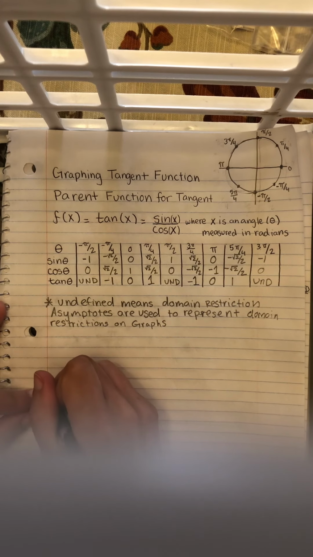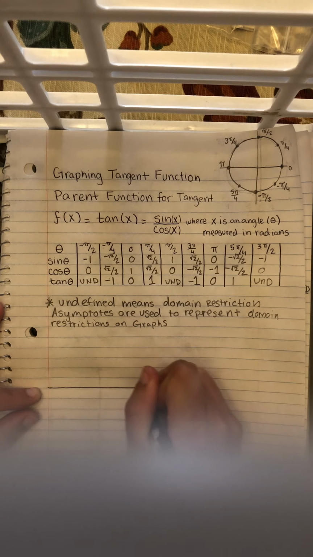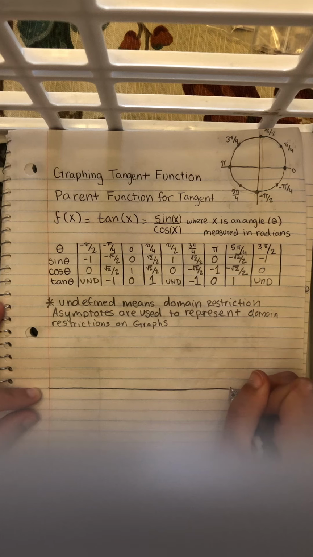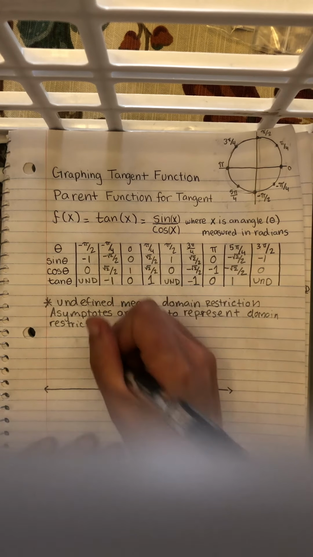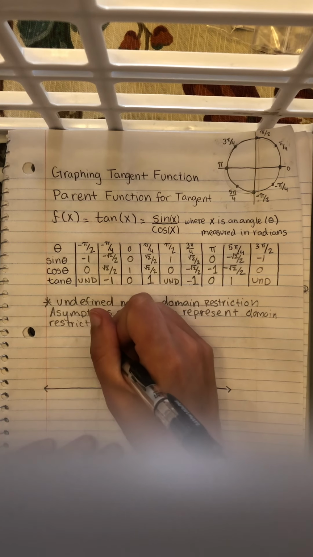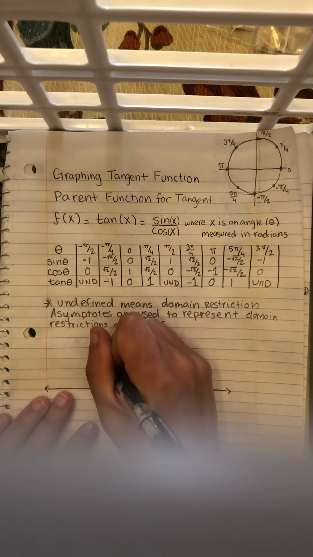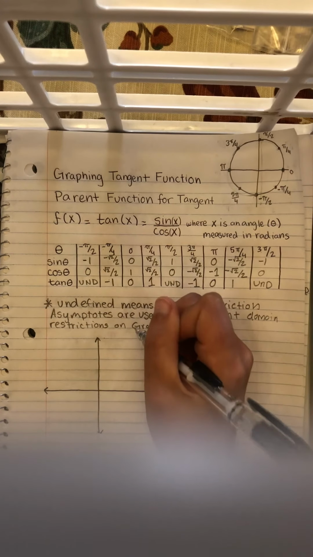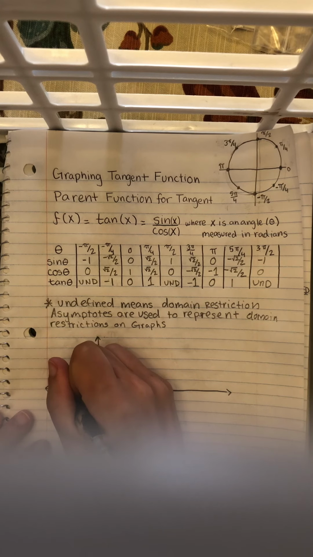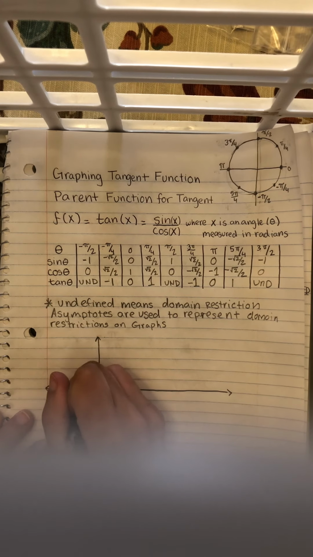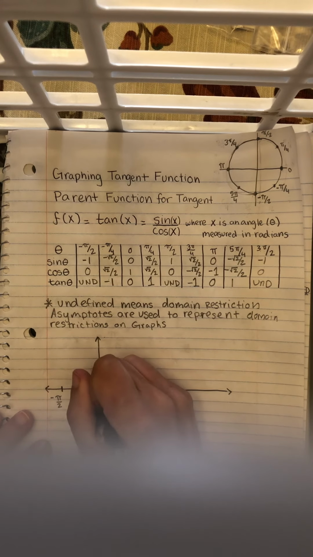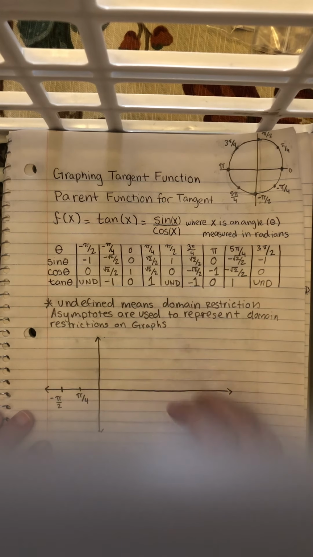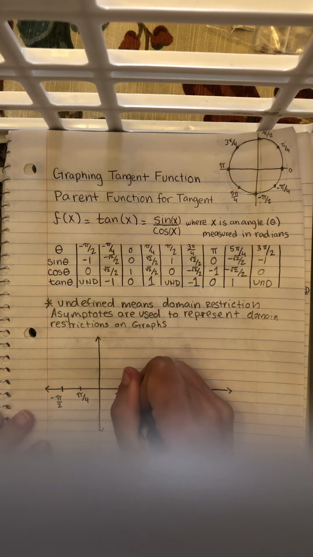So I'm going to go with the x-axis. My vertical axis, I'm going to offset it just a little bit. And we're going to start at negative pi over 2. And then the units on my x-axis are going to be pi over 4.